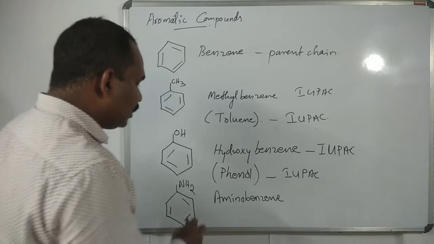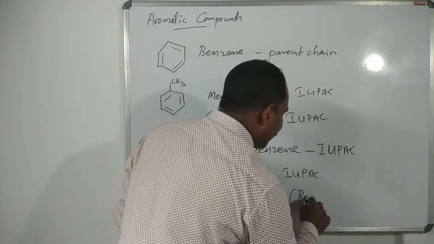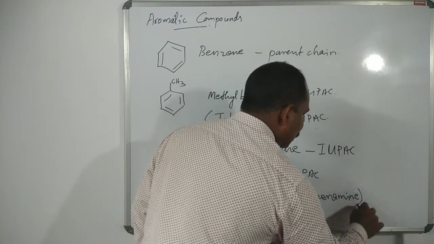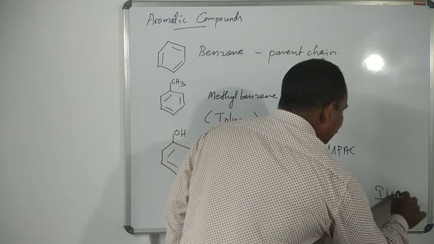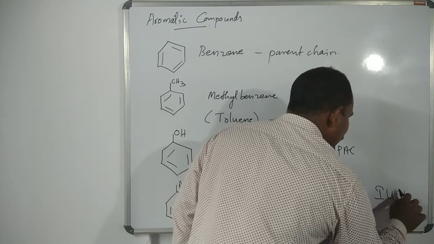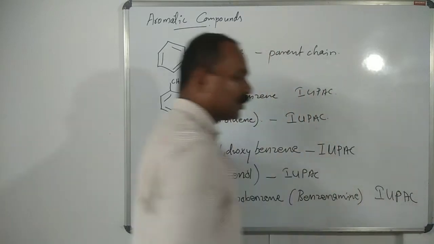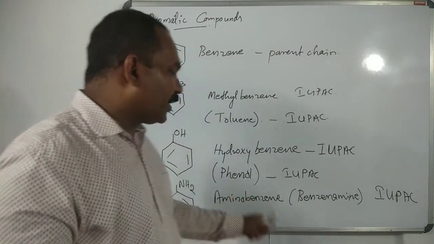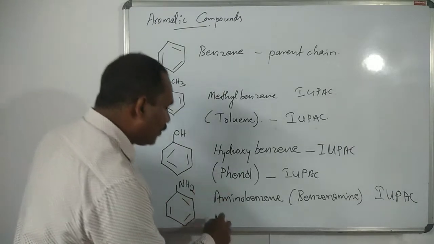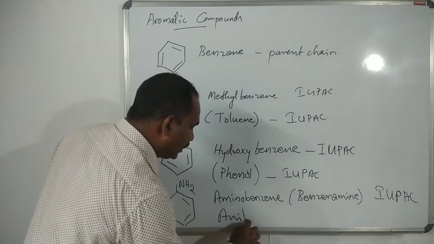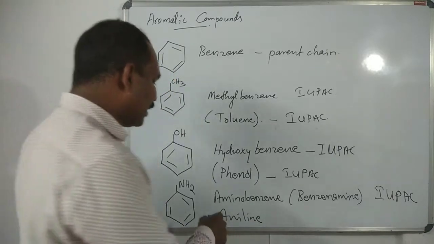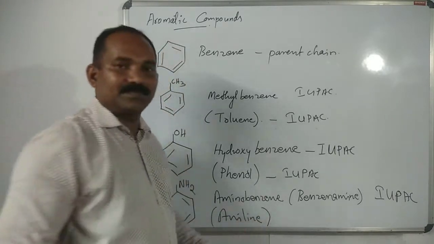Sometimes it is called benzenamine. So the IUPAC name is aminobenzene or benzenamine. And the common name is aniline. Aniline is also accepted by the IUPAC organization.